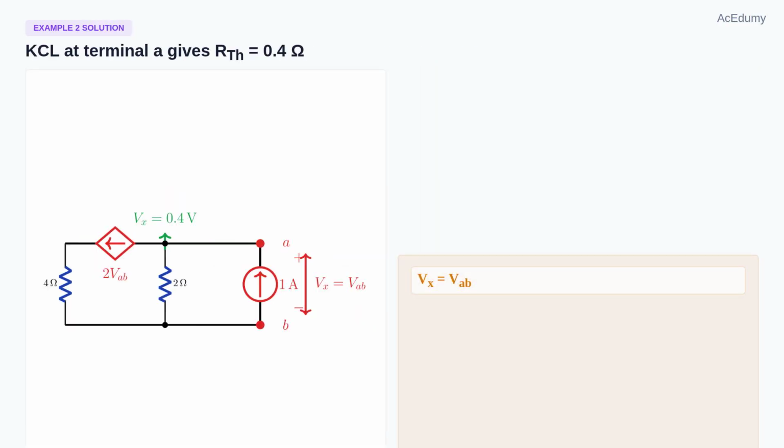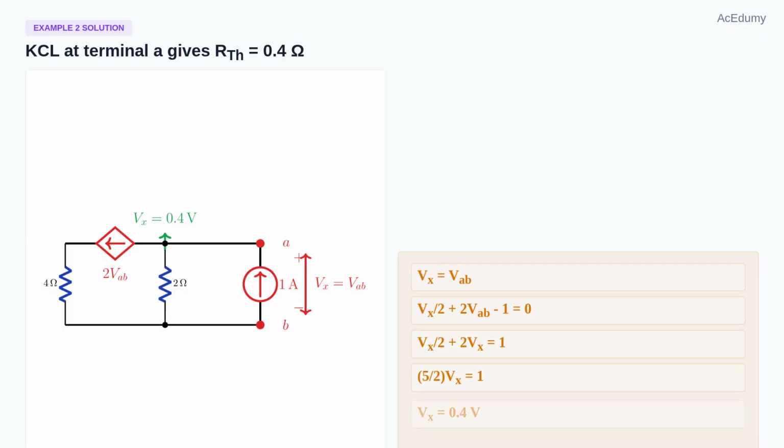Use the top right node, which is terminal A. Let Vx equal Vab. Current down through the 2 ohm resistor is Vx over 2. The dependent current source sends 2Vab away from this node toward the left. The 1 ampere test source enters the node.